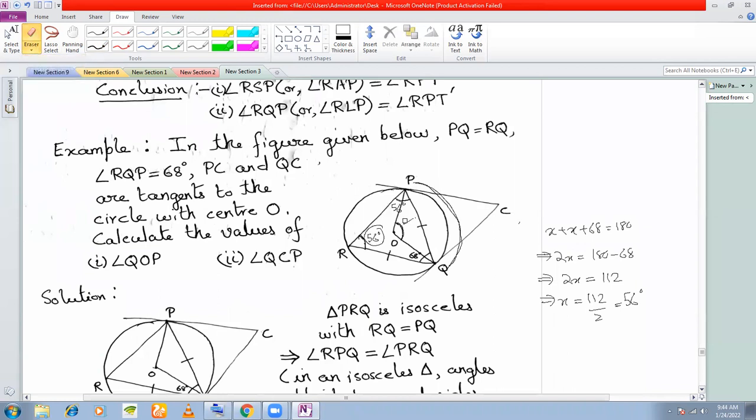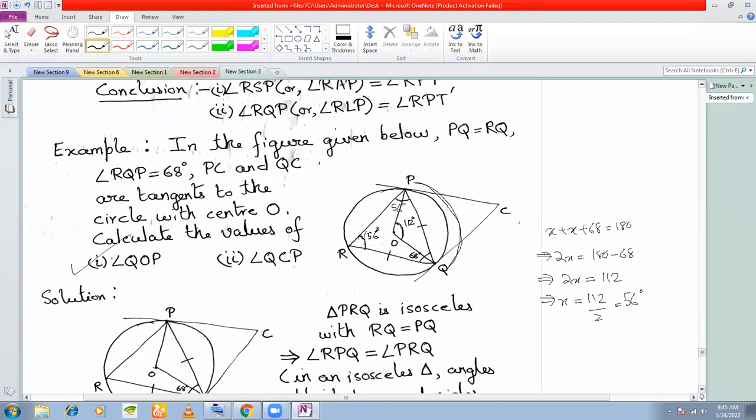So this angle must be 2 into 56, which is equal to 112 degrees. So this was an easy one. Let's write what we have calculated. We have calculated this angle to be 112 degrees. This is 56 degrees. So this is done, QOP.